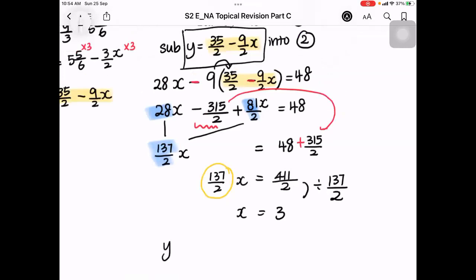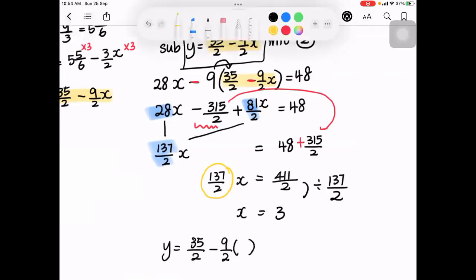So y equals to 35 over 2 minus 9 over 2 times the number. x is now the number 3. Then you press your calculator, 35 over 2 minus 9 over 2 times 3. So it's the answer 4.